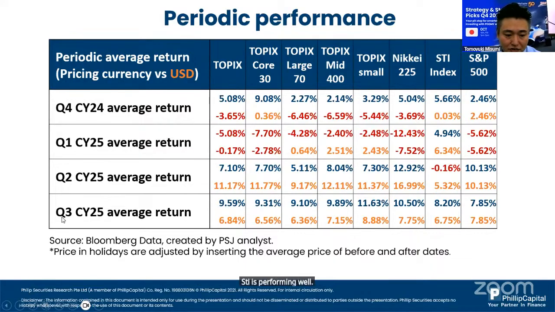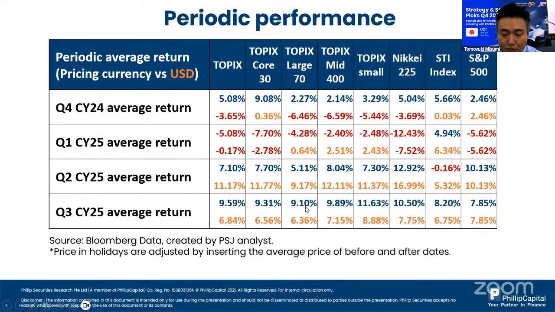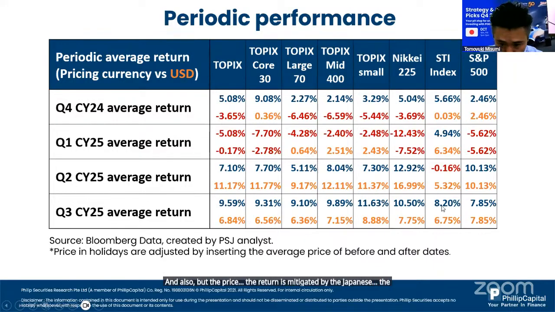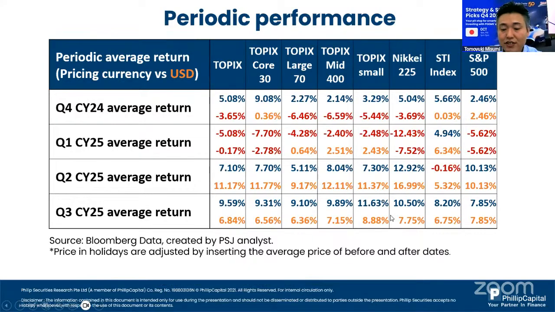But in the third quarter of 2025, the pricing currency return is more positive, and the small and mid are performing better than the core and large stocks. But the return is mitigated by the Japanese yen depreciation, because the USD return is somewhat mitigated.